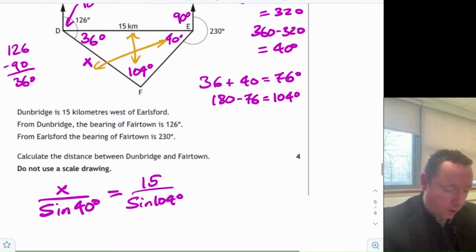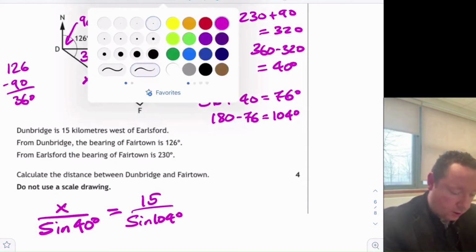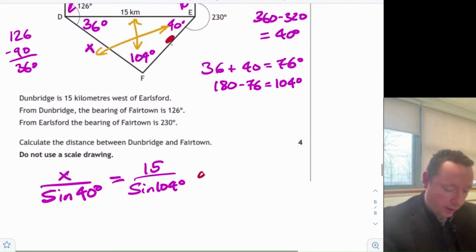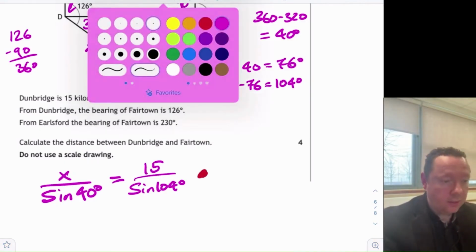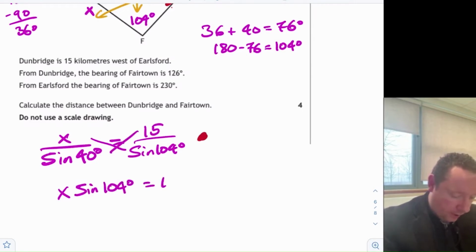So marks so far. You're getting a mark for 40 and 104 degrees, if you've managed to calculate your angles inside your triangle. Then you've got a mark for writing down the correct sine rule. Now we need to rearrange it. So as per usual, we can say that x sine 104 equals 15 sine 40.